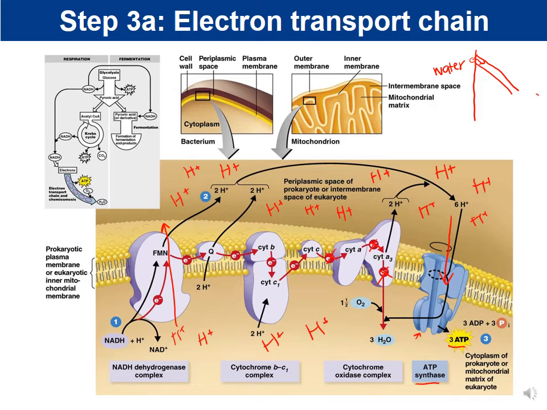Now at the bottom is a little turbine that spins. So if the dam is opened and the water goes down, notice it's going from higher up to lower. It's going from high to low.